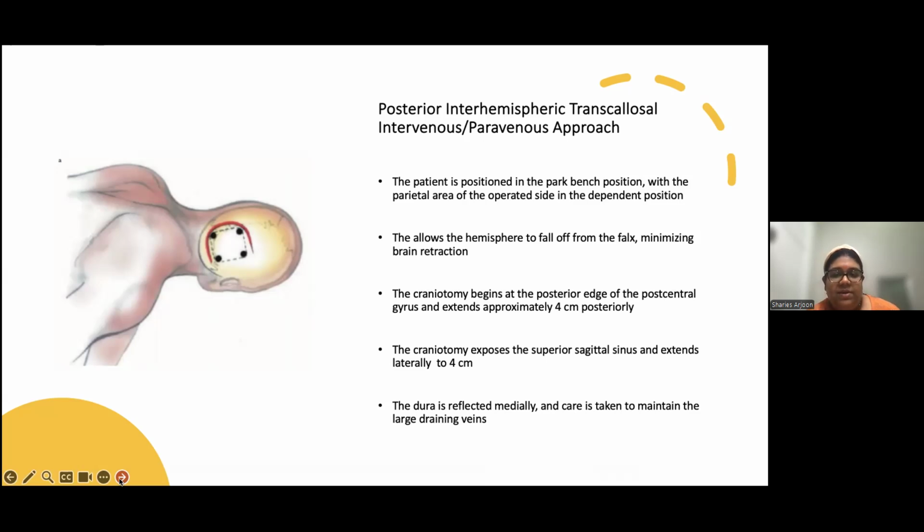The craniotomy begins at the posterior edge of the postcentral gyrus and extends approximately 4 centimeters posteriorly. The craniotomy exposes the superior sagittal sinus and extends laterally 4 centimeters, and the dura is reflected medially, and care is taken to maintain the large draining vessels.